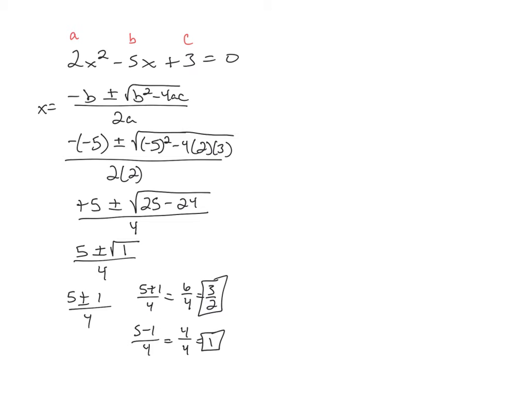Okay, so just like we talked about before, if you have x squared, squared means 2 answers. It is possible to have 1 answer. It is possible to have no solution. So let's see.